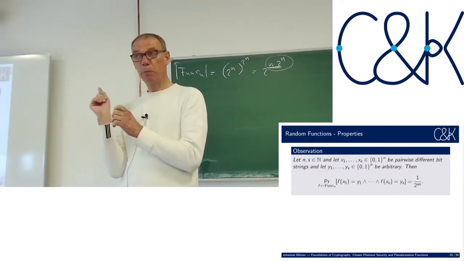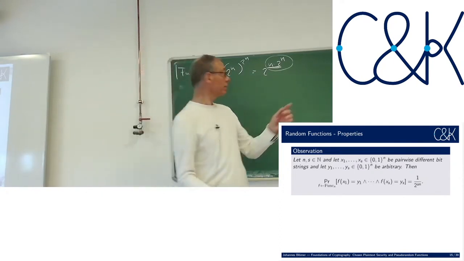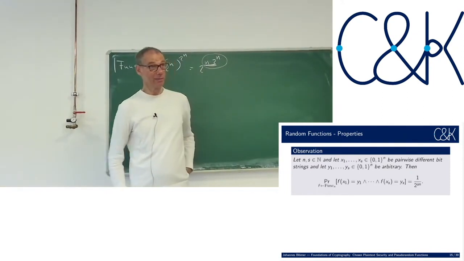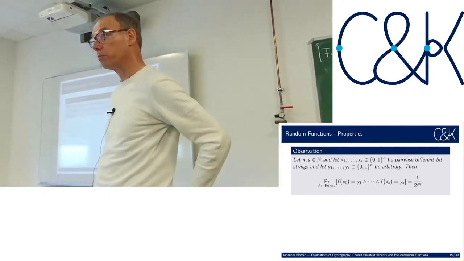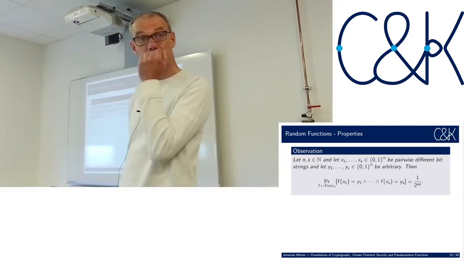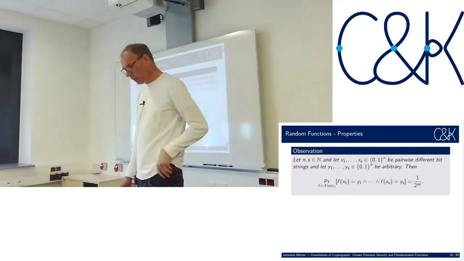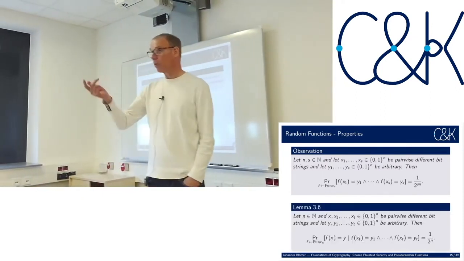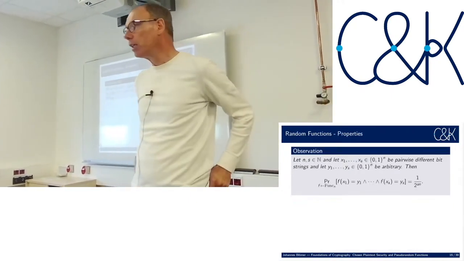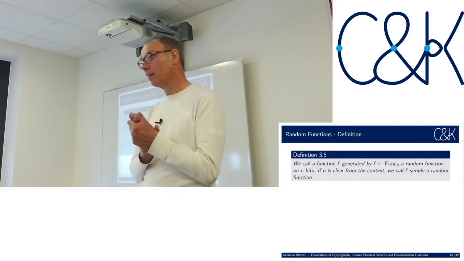Picking it cannot be done in polynomial time in n, because it requires that many bits. And you cannot pick exponentially many bits in polynomial time. But there is, in some sense, another way of looking at a random function so that you can actually build them on the fly. Okay?